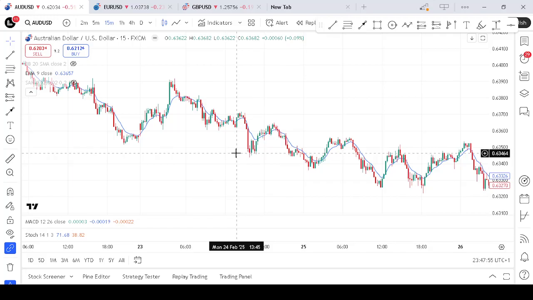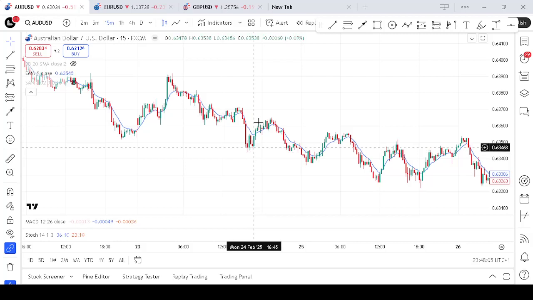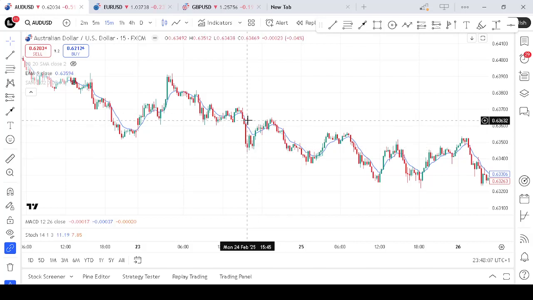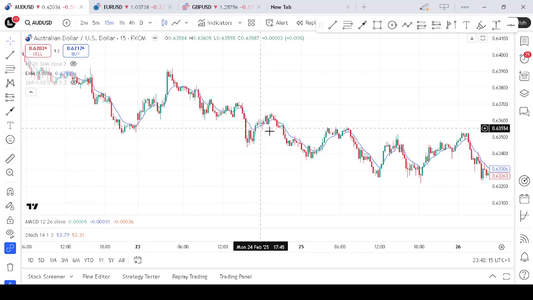This moving average responds quickly to price changes, making it perfect for scalping. Watch for moments when price crosses above or below the EMA. These are your potential entry points. The steeper the angle of the EMA, the stronger the trend.